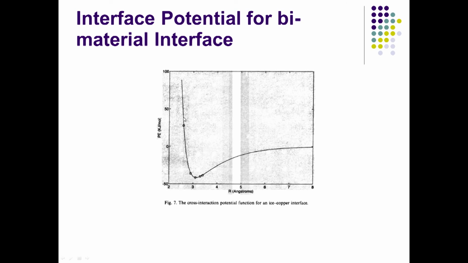So, this is the interface potential for the bimaterial interface. We looked at a lot of data and fit these parameters, and we found that the binding energy curve was a very good fit.